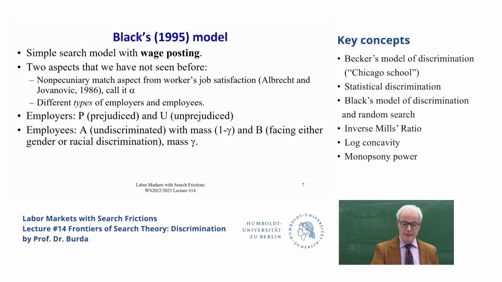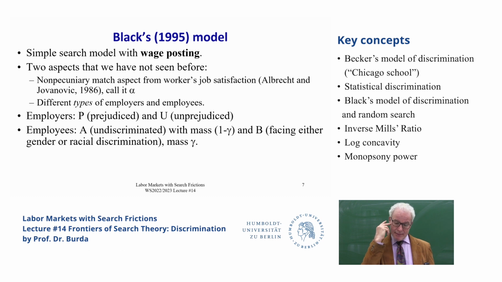Okay, so let's call them P and U for prejudiced and unprejudiced, and we've got A for the undiscriminated, so the men versus women. Women would be B, or white versus black, or green versus purple. And think of the mass as the fraction of the total number of workers who are out there.